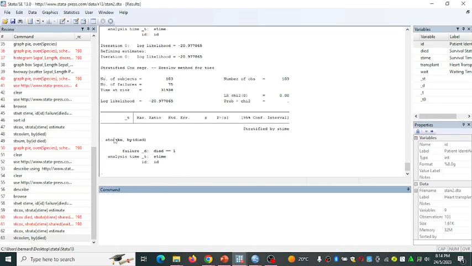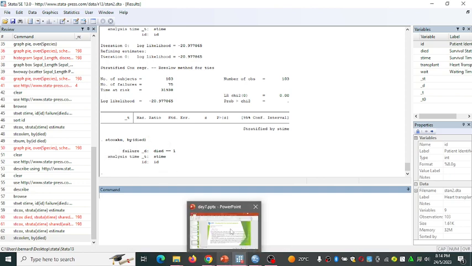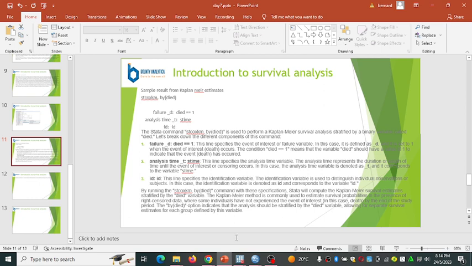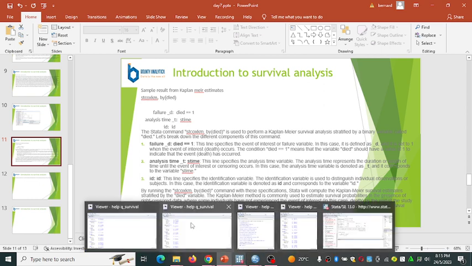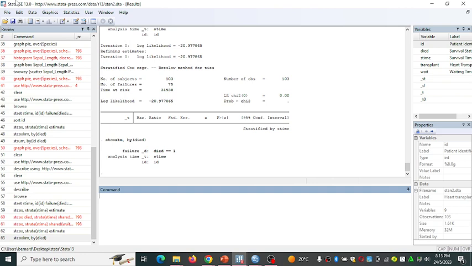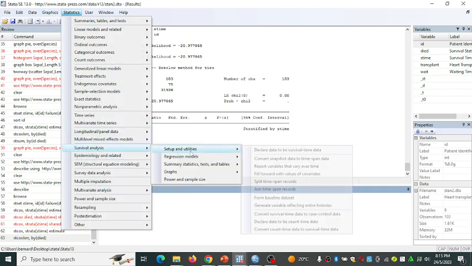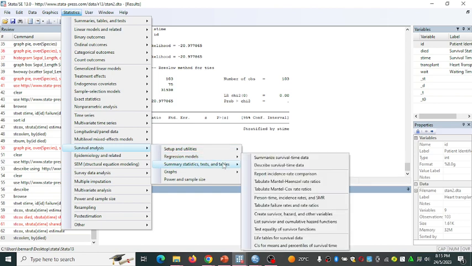This one here. So this is the failure, here's the analysis time. So you will go through those at your own time. Another thing, you can do a lot of analysis here. For example, you can produce summary statistics, text and tables for your survival data.